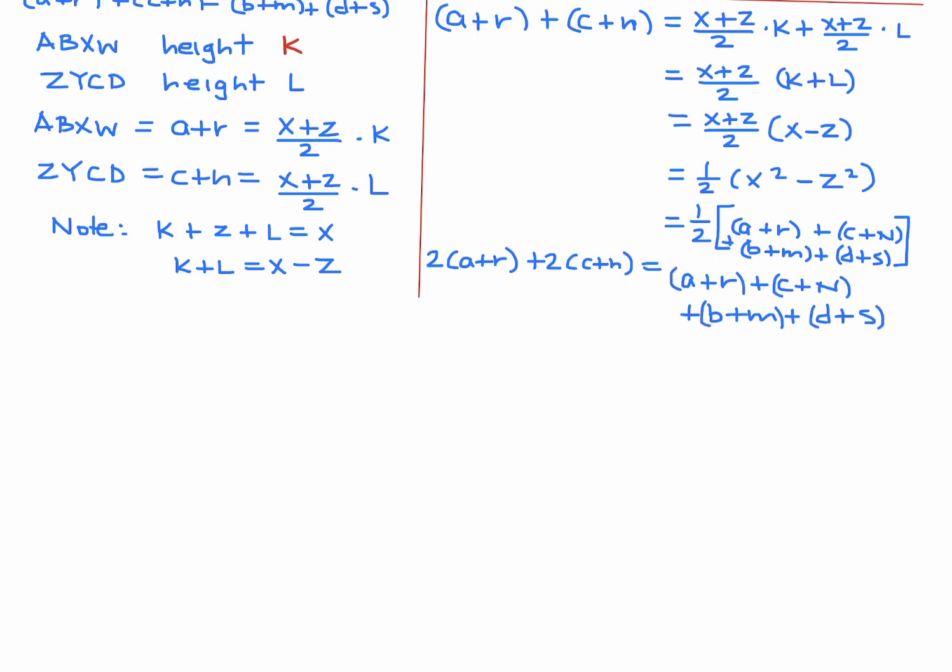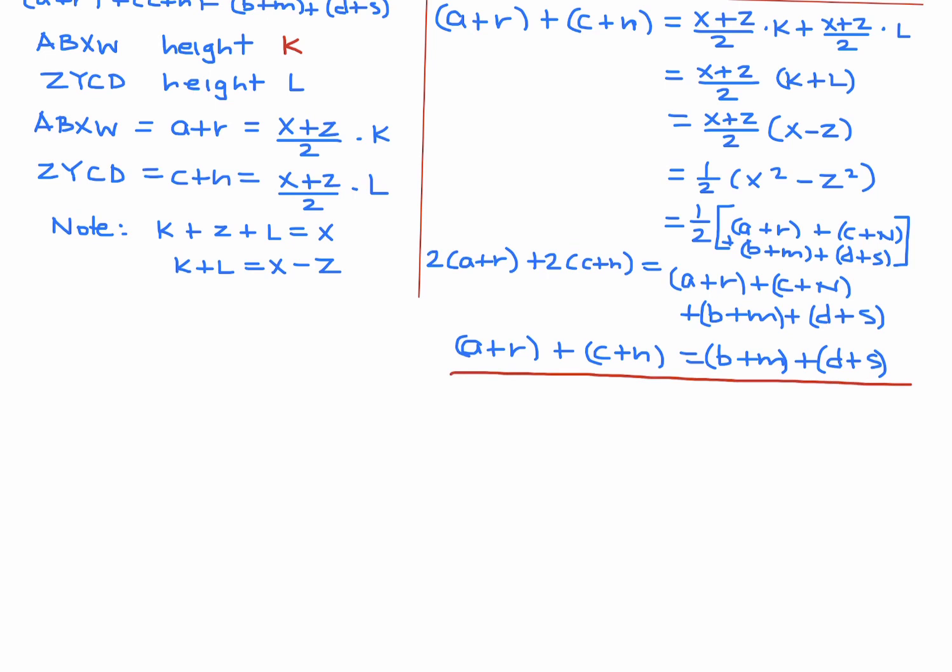That's what's remaining in the bracket. And then simplifying, you get a plus r, just one of them, c plus n, just one of them, is equal to b plus m plus d plus s. So there we go. We got a very, very helpful relationship as we had previously planned to. This one right here.